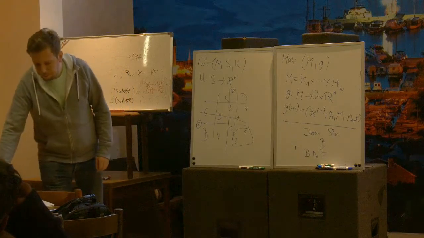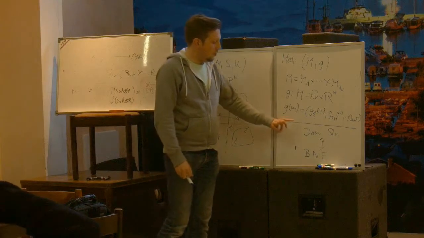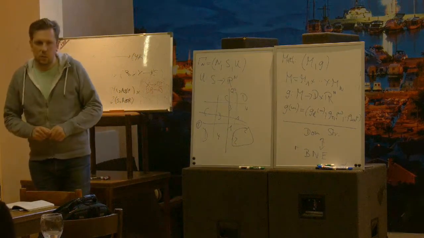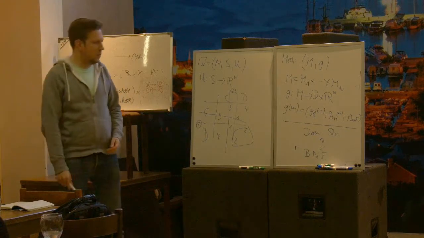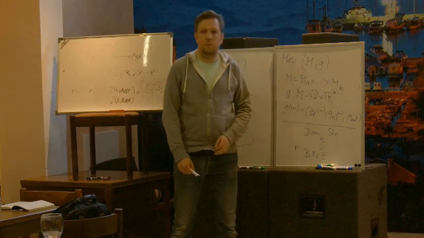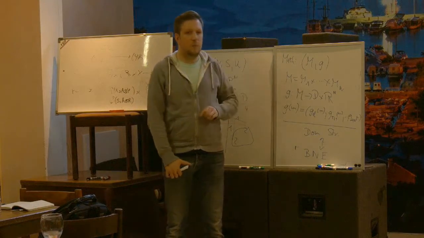Now, what could be an example of this? Something you may know is a second price auction. A second price auction is a simple mechanism. I have a message space where I'm asking for your bid. The person with the highest bid will be allocated a good.